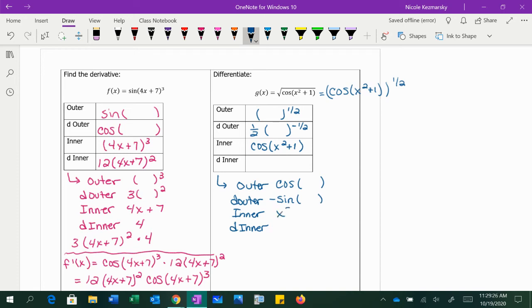The inner is x squared plus 1. And the derivative of the inner is 2x. So when I put that all together, I get negative sine of x squared plus 1 times 2x. When I simplify that, I get negative 2x sine of x squared plus 1.